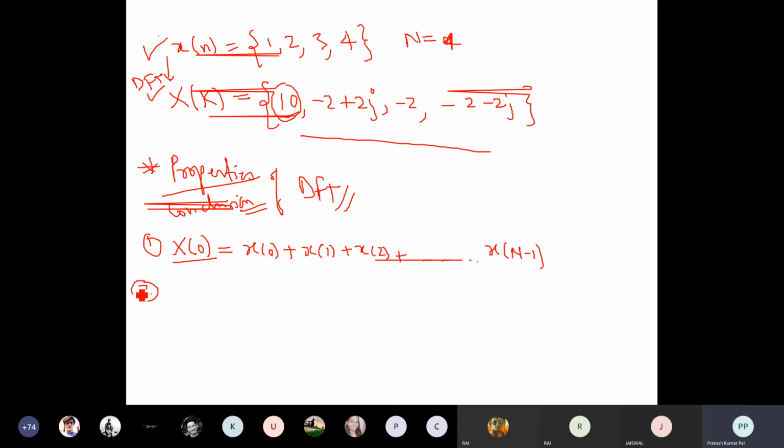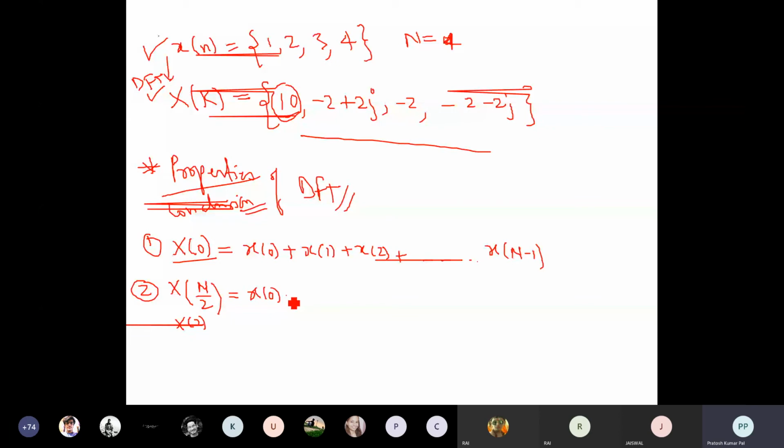दूसरा पॉइंट that we can conclude is x of N by 2. That means अगर यहाँ पे N अगर 4 है तो 4 by 2 will be x of 2. ठीक है, अगर इस एग्जांपल की बात करें तो x of 2 will be equal to the summation of the above sequence, but with opposite sign.